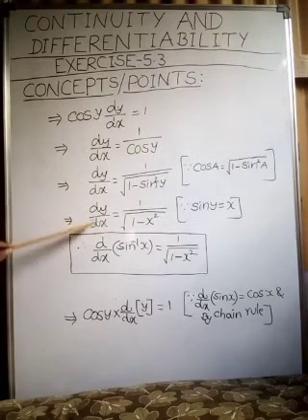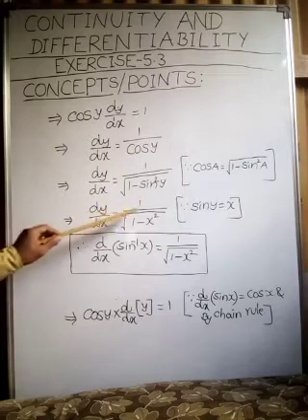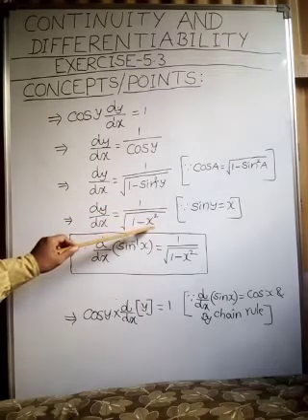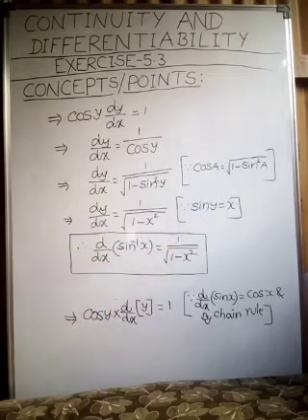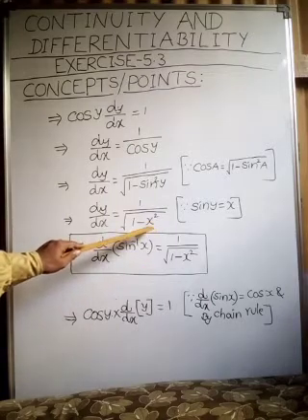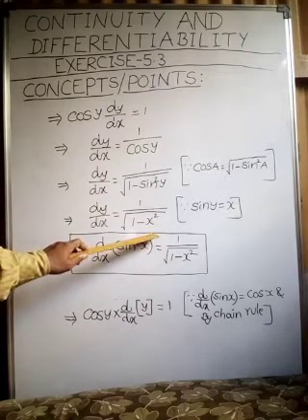This implies dy by dx is equal to 1 by root of 1 minus x square, because sin y is equal to x. At the beginning of this question, we assumed y is equal to sin inverse x, which implies sin y is equal to x. So this is the derivative of sin inverse x.